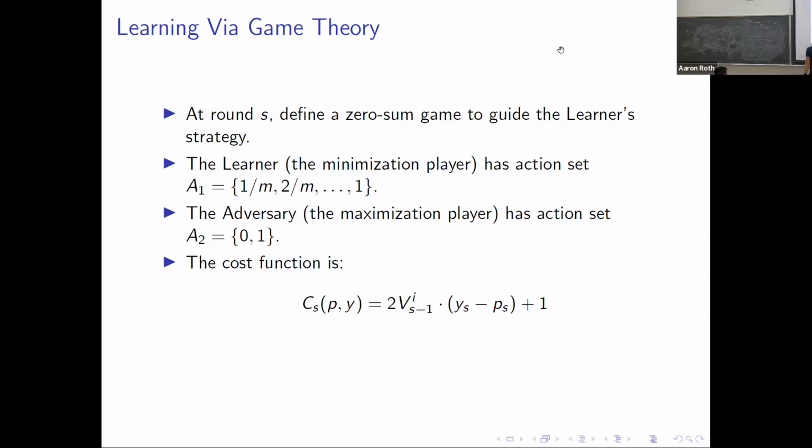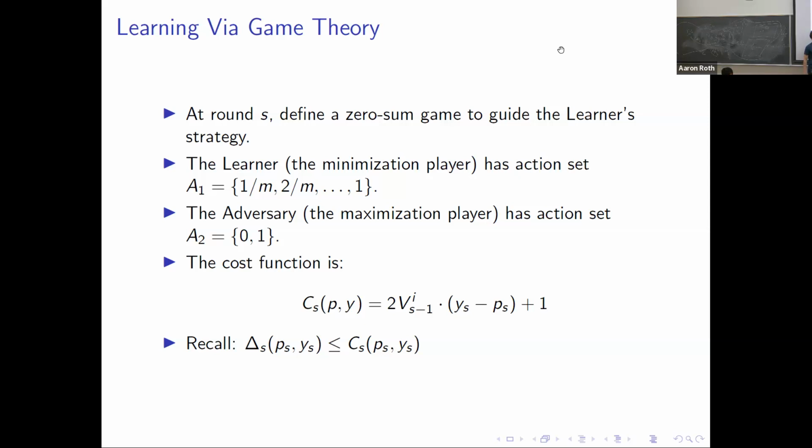And the cost function, right, this function of the learner's prediction and the actual outcome that the learner would like to minimize and the adversary would like to maximize, is just this upper bound that we proved on the increase in calibration loss.